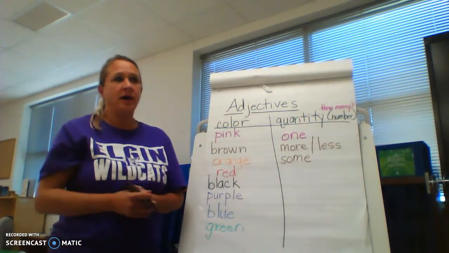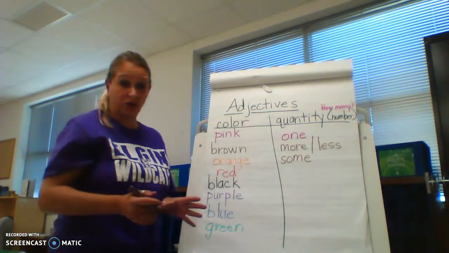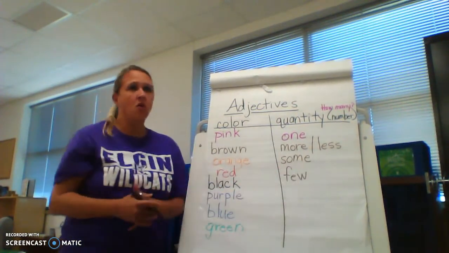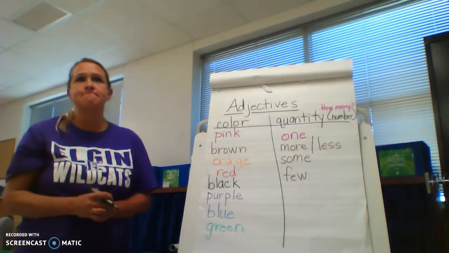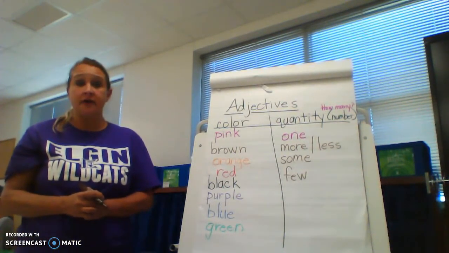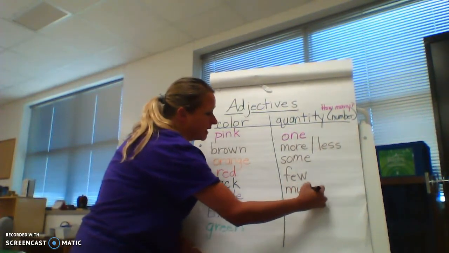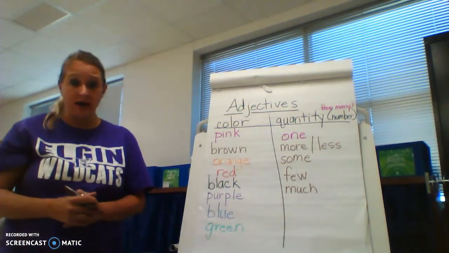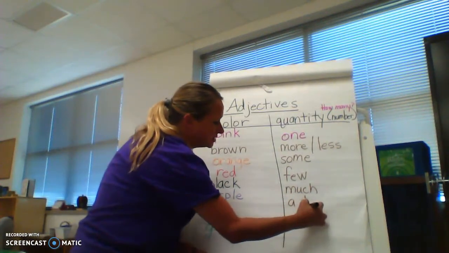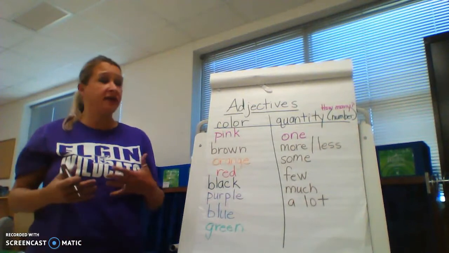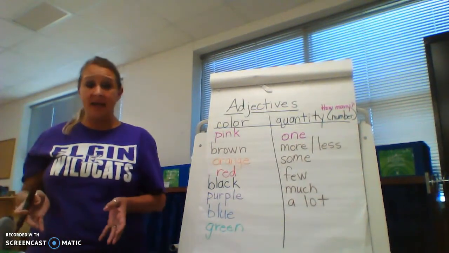Okay, what about if I have a few? Or if I have too much, that would be a lot. So those are adjectives for quantity. They tell you the amount or how many.